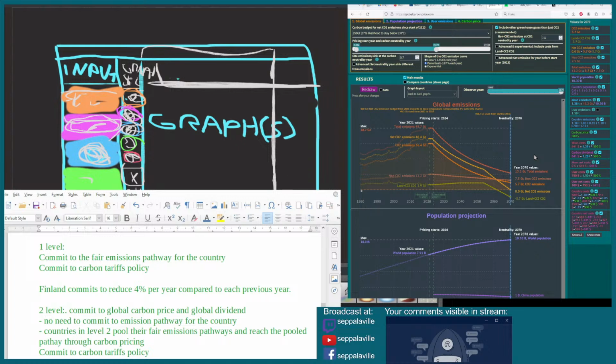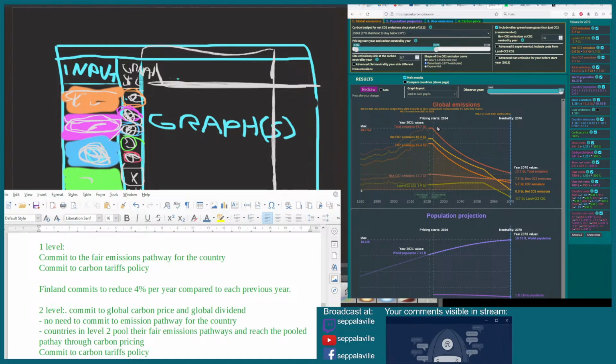Maybe I could have it as semi-transparent stuff somewhere in the background. I think in many cases you would understand that this is now this variable, because they usually have the same starting point.